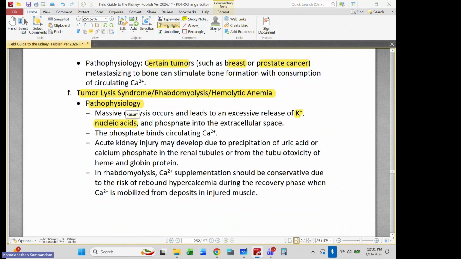We look for hyperuricemia in these scenarios, in addition to the hyperphosphatemia, okay? Acute kidney injury might be the result of these conditions, and the mechanism is uric acid or calcium phosphate nephrotoxicity or crystalline nephropathy.